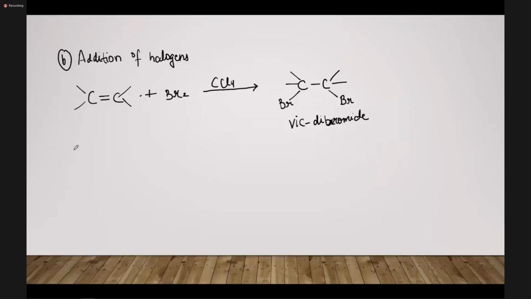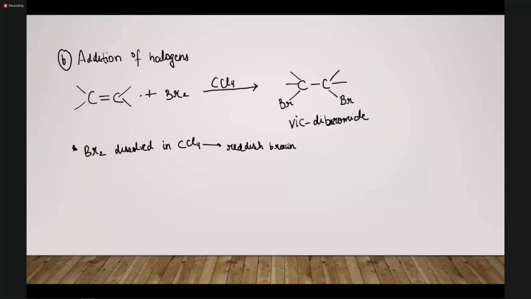So what we do is, bromine dissolved in CCl4. तो ये जो solution बनता है ना, this is reddish brown in color. ठीक है? And when it is reacted with the alkene, जो हमारा product है, that is vicinal dibromide, इसका जो color होता है, that is colorless.